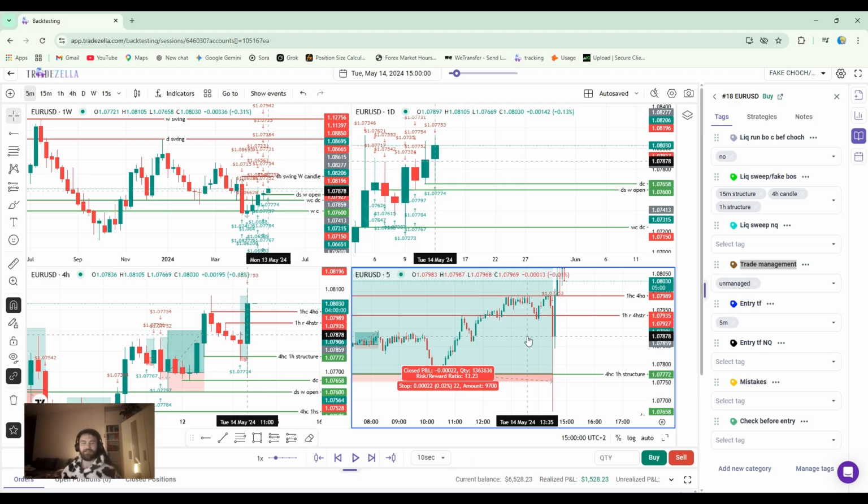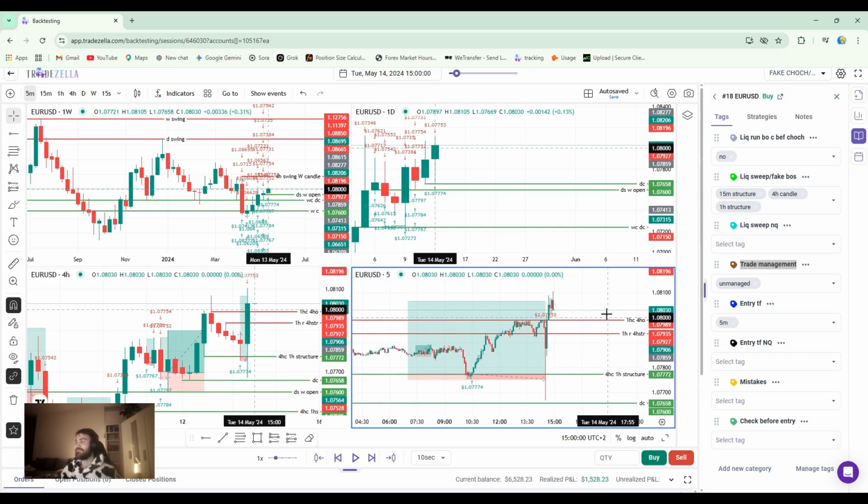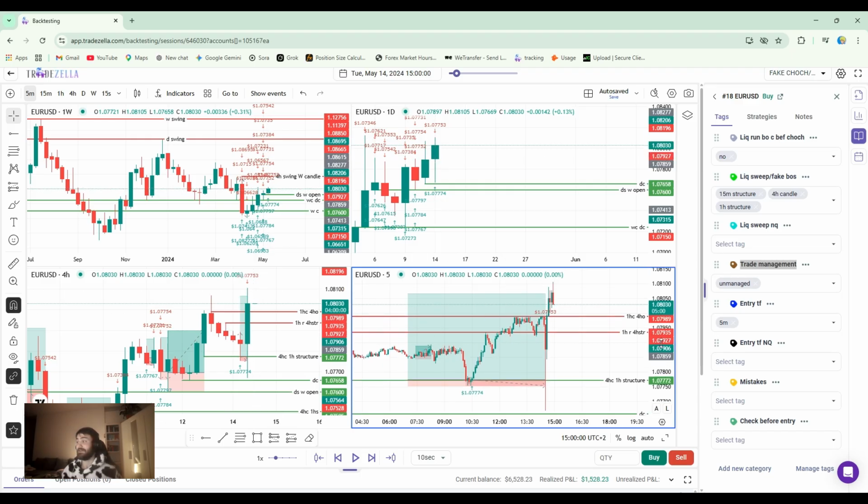So I cannot explain the feeling, but if you are a trader, you know for sure what I mean. And the idea is that I don't think there's a cure for this. It's basically a lot of practice.